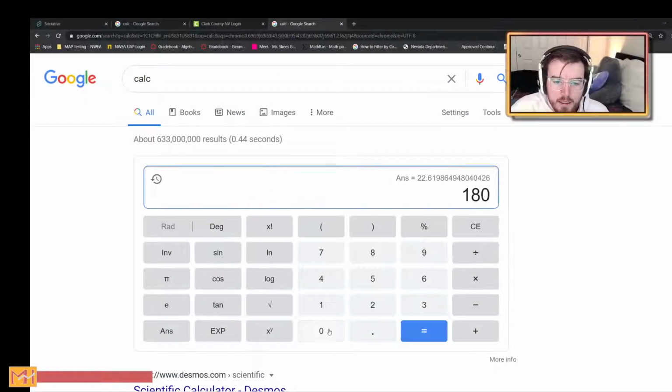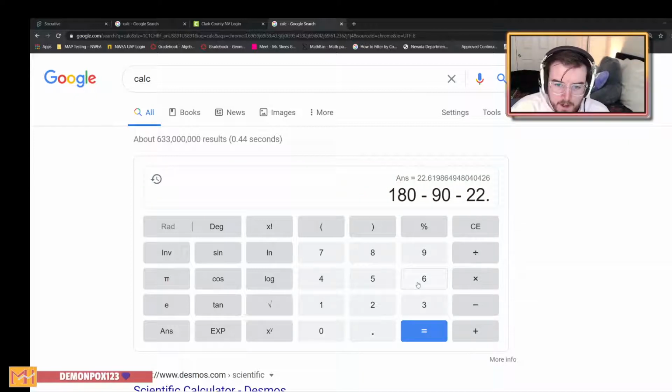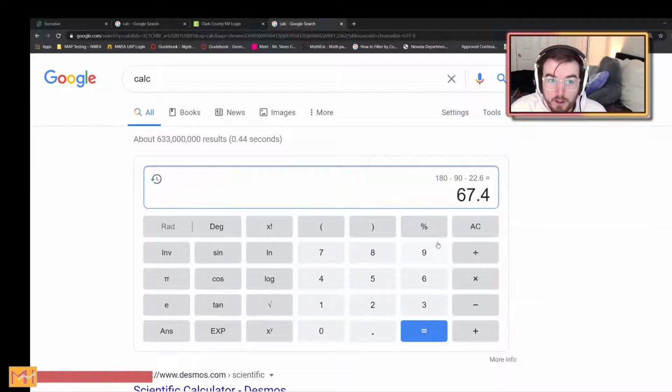So 180 minus the 90 degree angle minus the angle that we just found, and we're left with the third and final angle, 67.4 degrees. I highly recommend that you do it that way instead of trying to use a trig function again, right? Just subtract from 180.